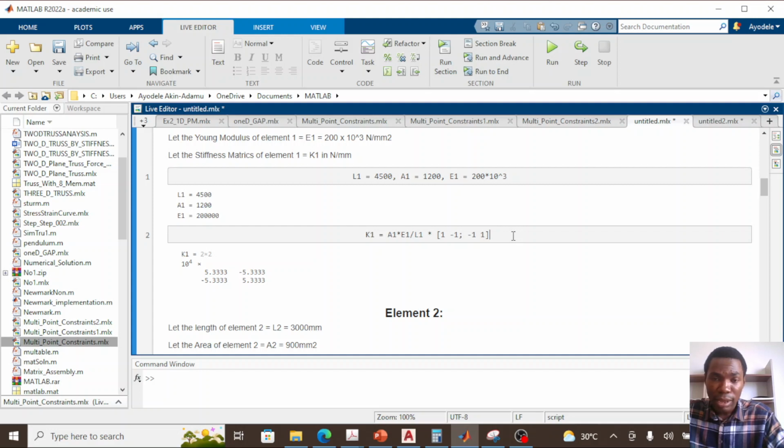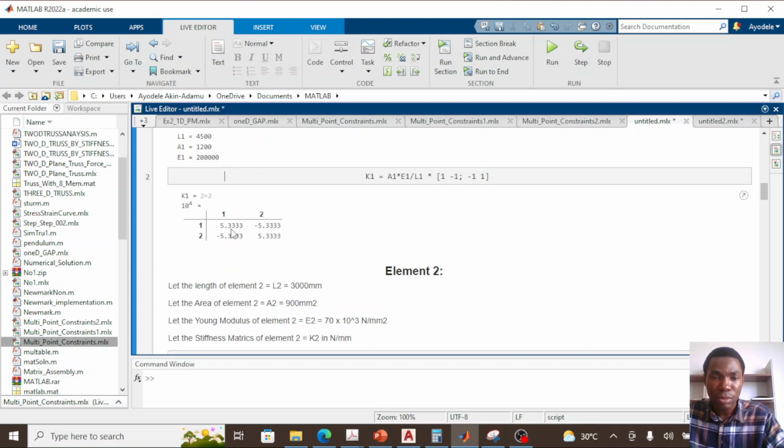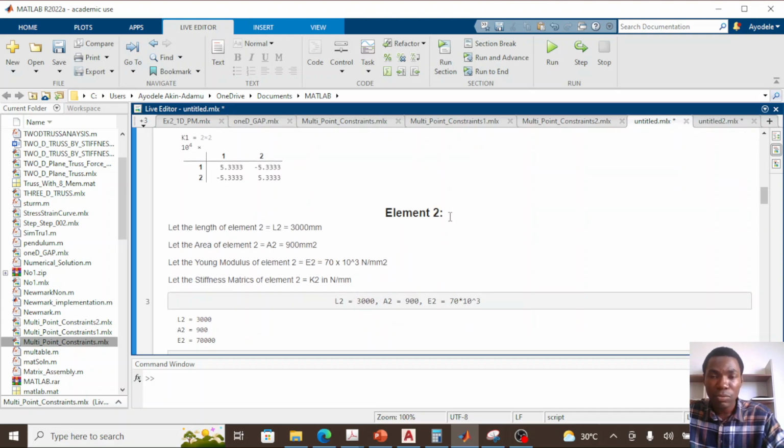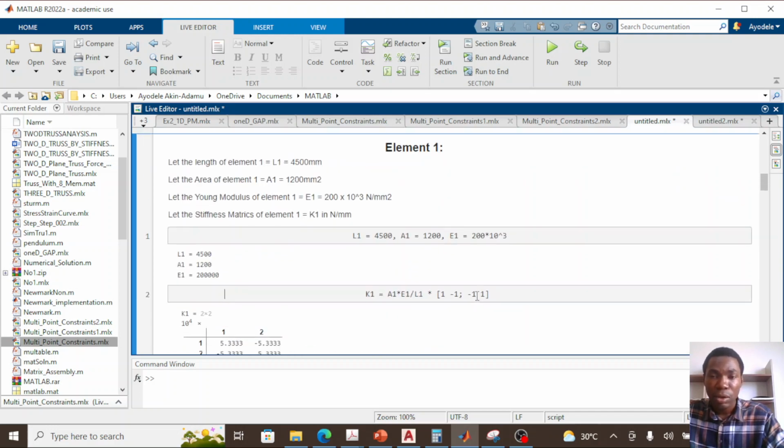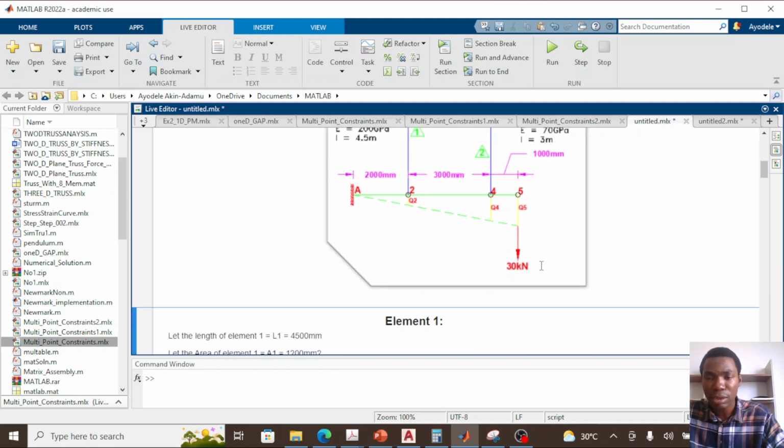So I calculate my local stiffness matrix for K1. K1 is computed to be equal to this, 5.33 times 10 to the power 4. The same thing is done for element 2. In the question, we're told that the cross-section area is 900 mm, the Young modulus is 100 kilopascal, and the length is 3 meters.